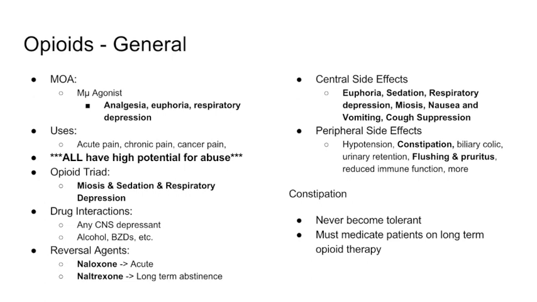The opioid toxicity triad that you need to burn into your brain, not your membrane, your brain, is miosis or pinpoint pupils, sedation, and respiratory depression. If you have a patient who is presenting with pinpoint pupils, they're tired, and they are breathing less, I can guarantee you that's opioid. That's a triad that you only see with opioid overdose.